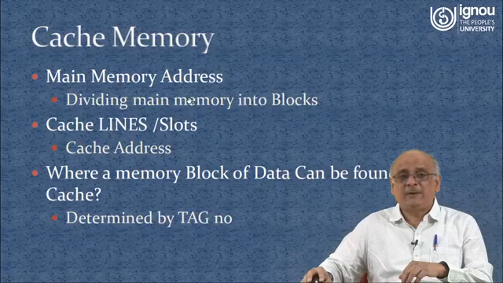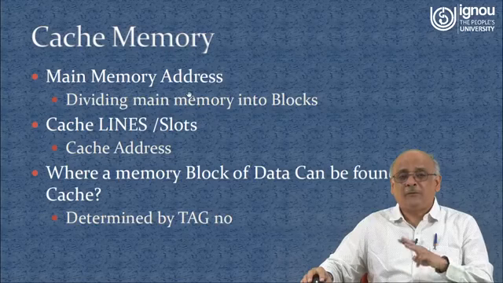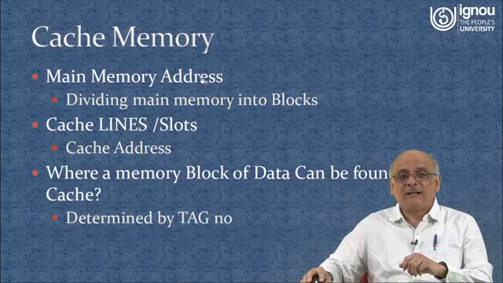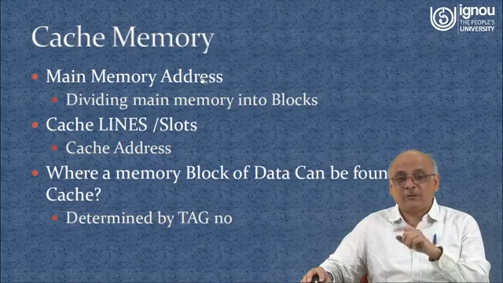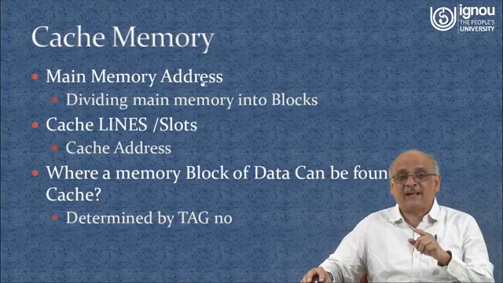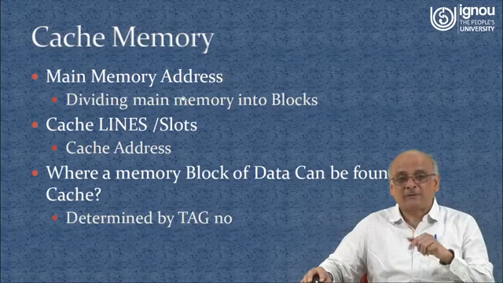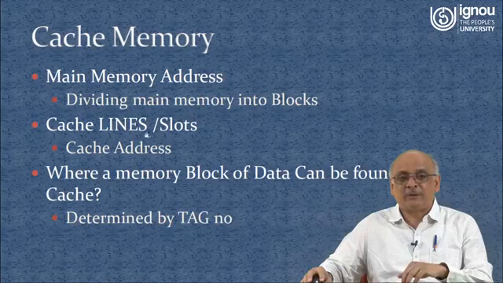If 4 words of main memory are in a block, 4 is 2 to the power 2, so only 18 bits are for the address and the remaining 2 bits are for the word within the block. We'll discuss this with the help of an example also.